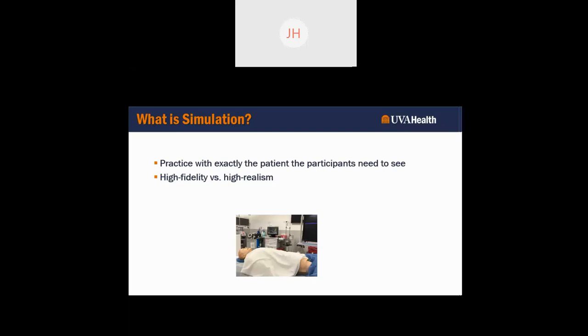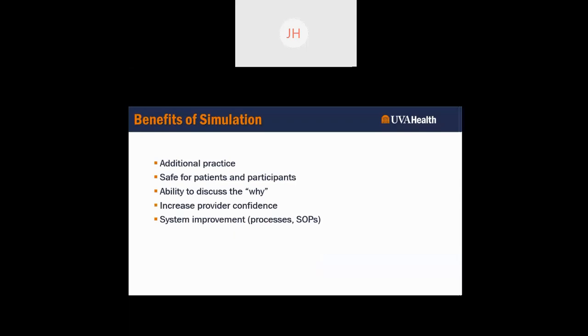We want people who are participating in the simulation to believe this is a real patient, at least sort of temporarily for a while, but acting and responding and treating that patient as if they were real. And there are some ways to do that, but that's what we're looking for. We want them to have the same response to our mannequin or to our standardized patient as they would to an actual patient. What are some of the benefits of doing this?